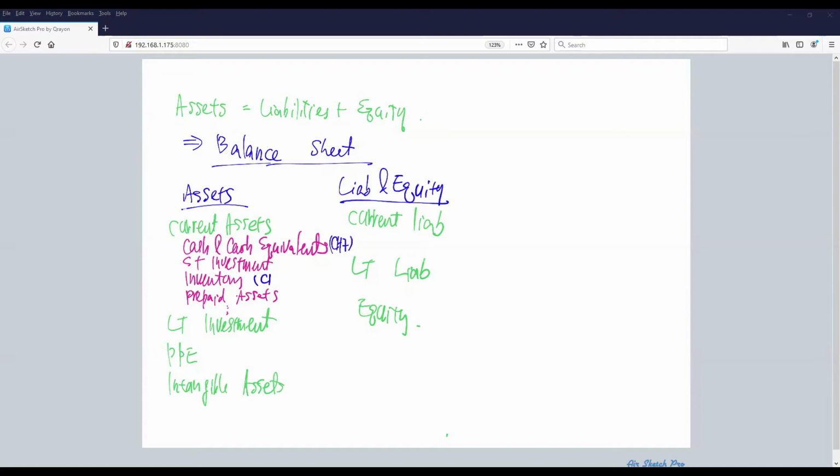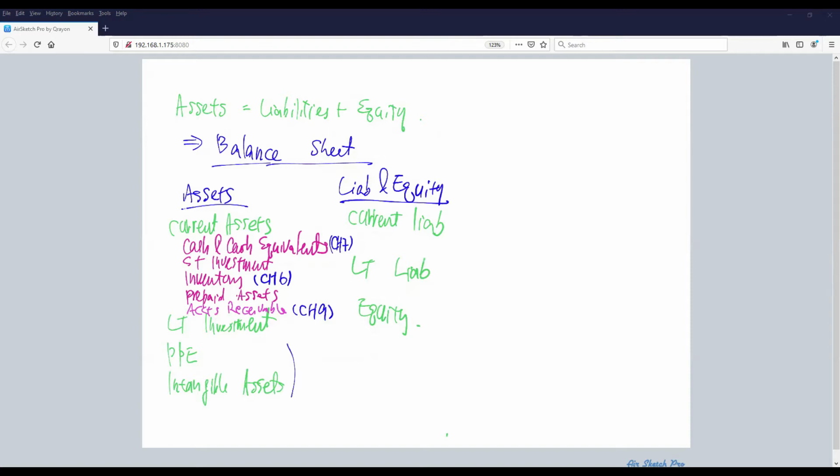Inventory, we've already sort of studied in chapter 6. And oh, I missed something very important, which is accounts receivable, a chapter 9 topic.